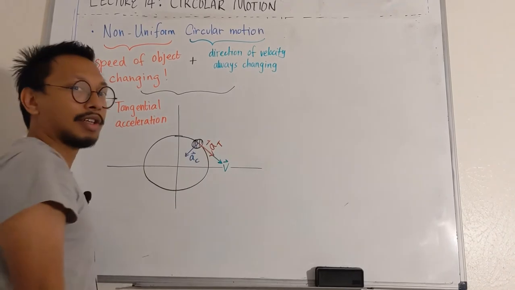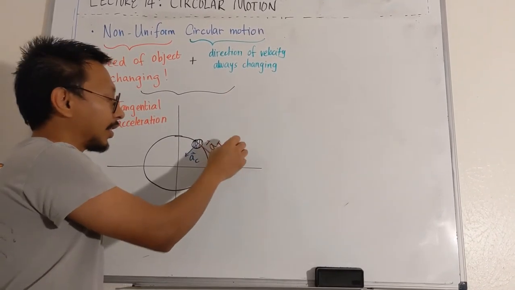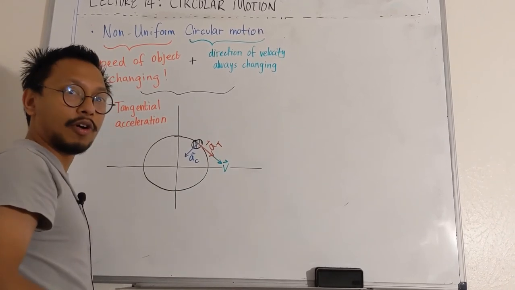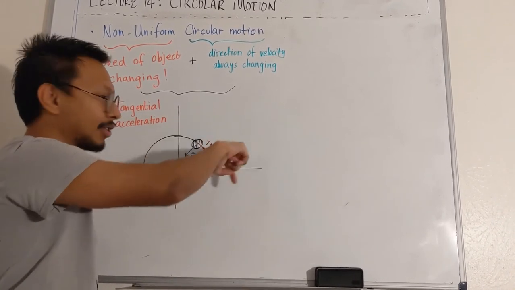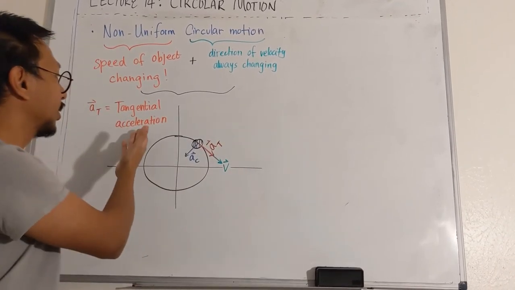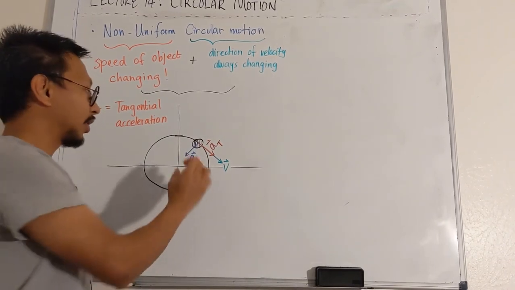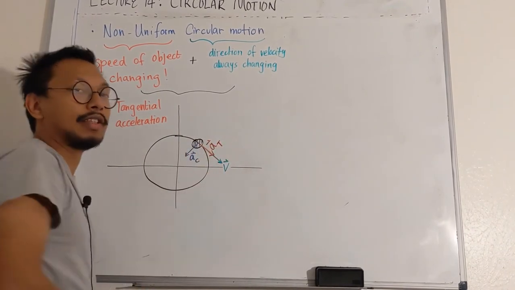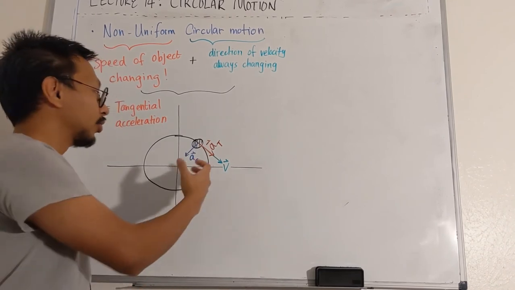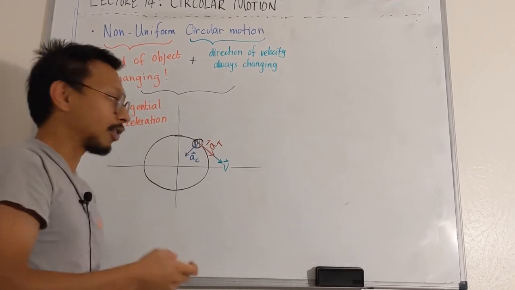This is the tangential acceleration, meaning that the acceleration vector that is a result of the change in magnitude of v is tangent to the circle being traversed, and hence the name is tangential acceleration. But know that a_c, a_t, these are just different names that we choose to use to tell ourselves that their purposes in life are different.